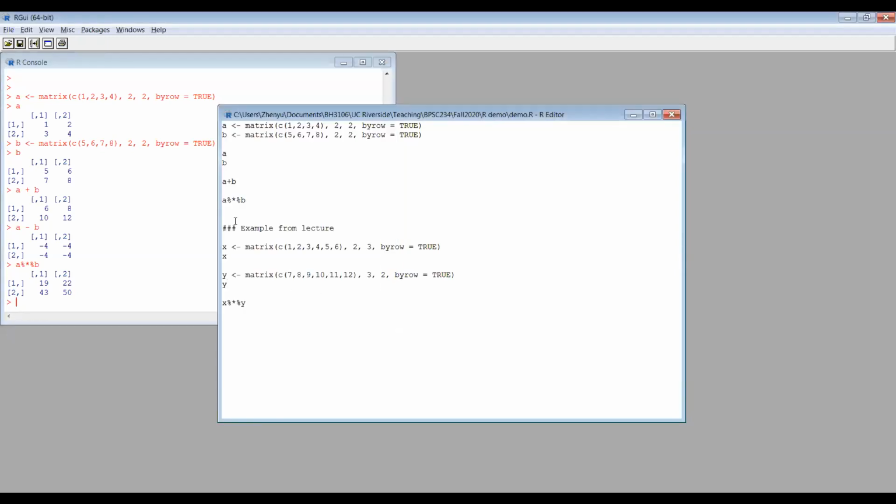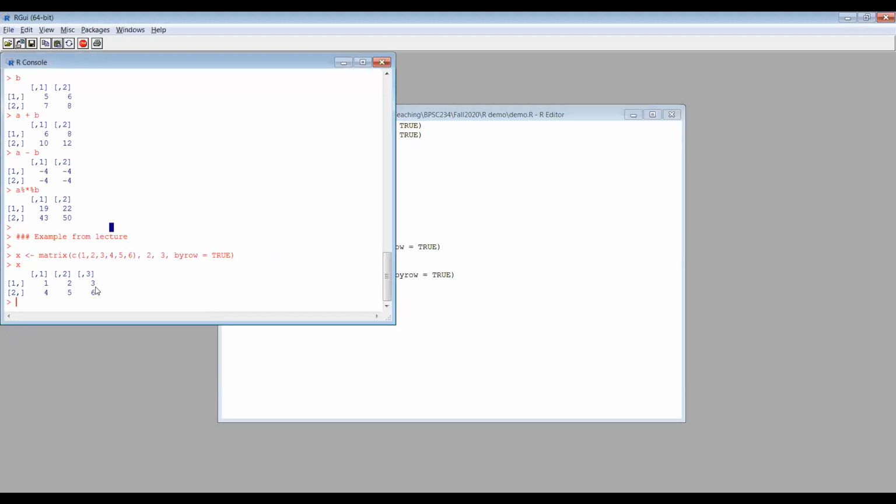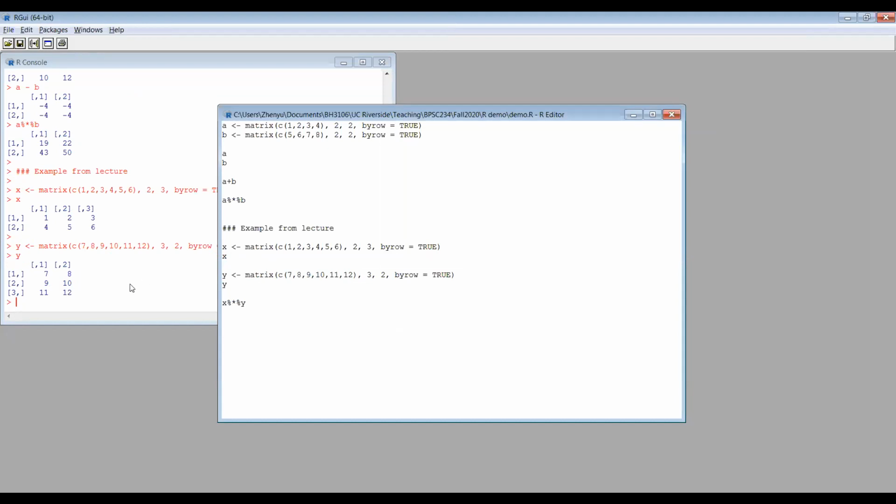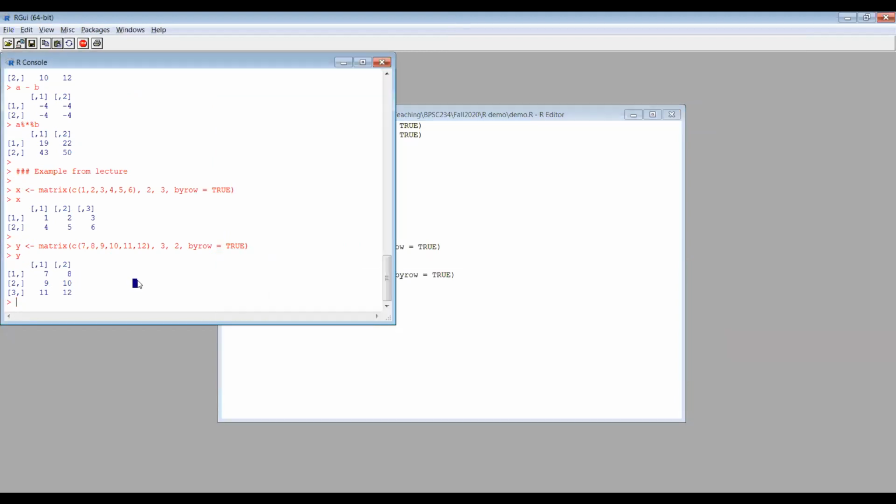Let me show you how to do this. This is the first matrix, right? We put 1, 2, 3, 4, 5, 6 into a 2 by 3 matrix like this. And this is how we create a second matrix of 3 by 2.